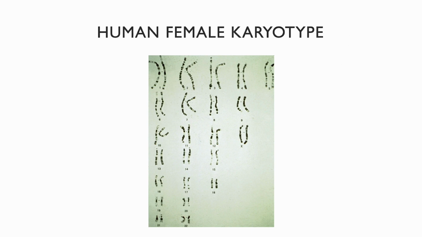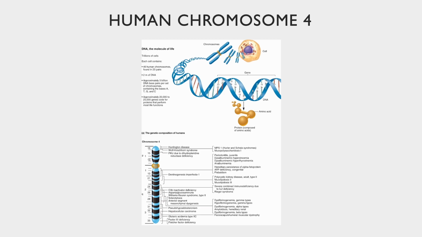Let's delve into one of the chromosomes. Let's take a look at the human chromosome 4. We chose this randomly. We could have chosen any of the chromosomes to show the same idea. Each chromosome is going to be made of a certain amount of DNA that is coiled around some proteins called histones that allow the cells to pack the DNA very tightly.